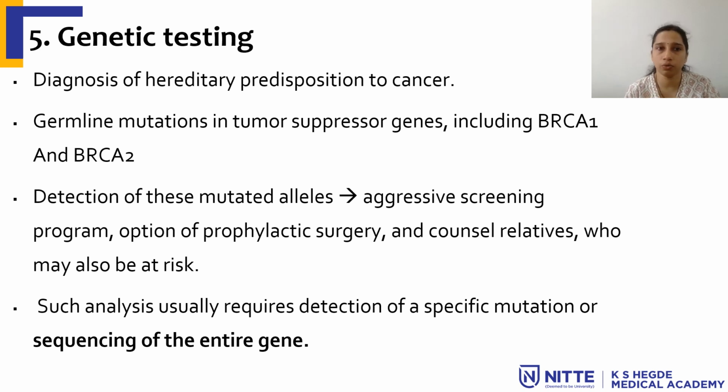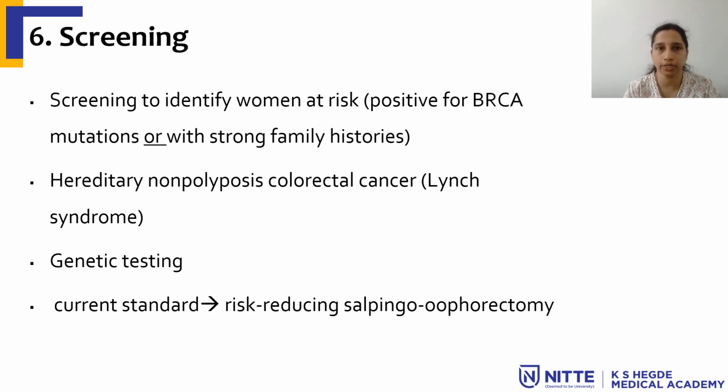If you know using genetic testing that the patient is having this mutation, it is known that they should undergo a repeated aggressive screening program, and also prophylactic surgery like salpingo-oophorectomy, and the relatives also should be counseled because they are also at risk for gynecological malignancy. Such tests might require sequencing of the entire gene for looking for additional gene mutations.